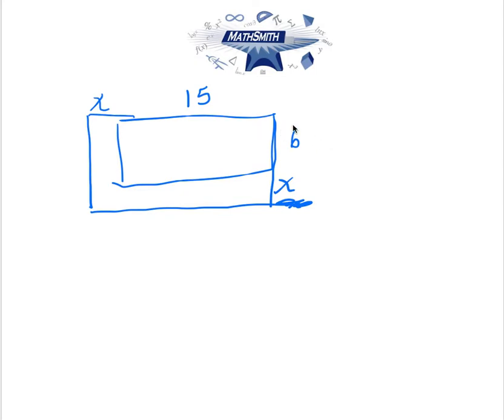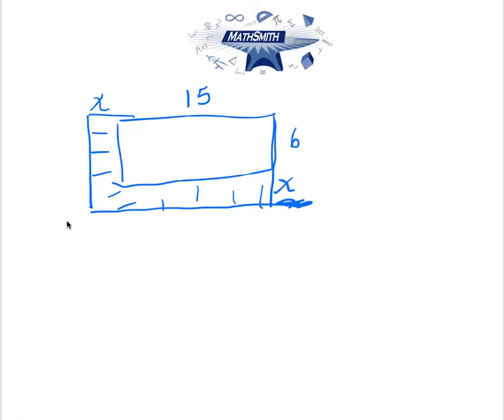So what we want to do, basically the area of the border, I think this is an easier way to look at it. The area of the border is going to be the area of the whole shebang minus the 15 by 6 garden.